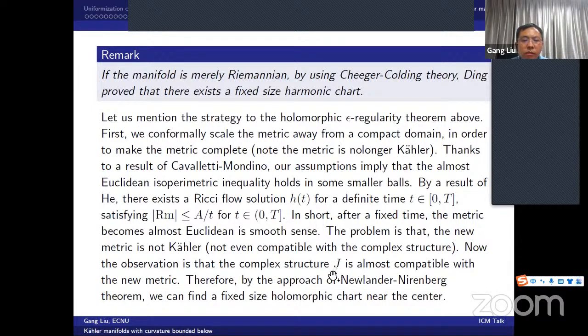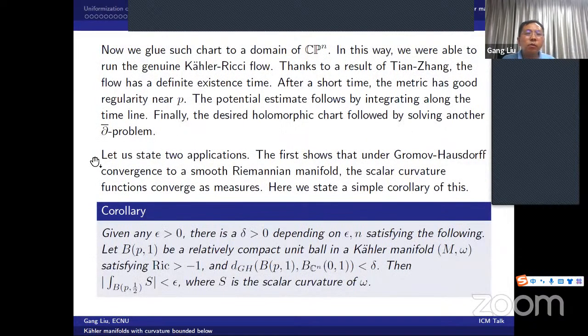By the Newlander-Nirenberg theorem, by this approach, we can find a fixed size holomorphic chart. And we glue such a chart to a domain of CP^N. And then we run the genuine Kähler flow. Finally, the desired holomorphic chart follows by solving another d-bar problem. Okay, so we skip details.